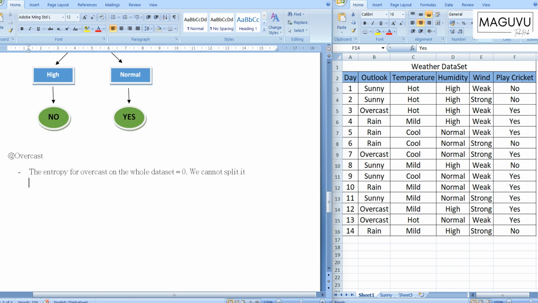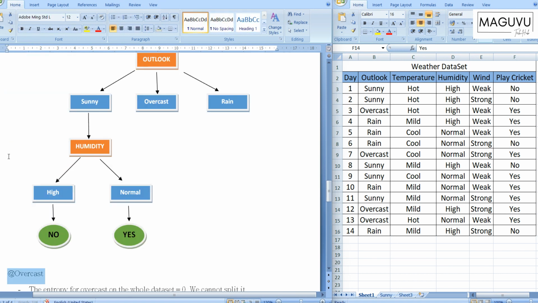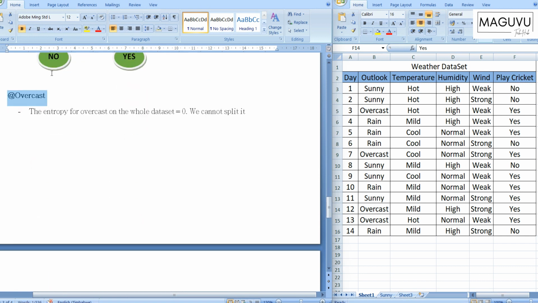So after considering that, we then want to represent that. Let's just give another piece of information: on all days where Outlook is overcast, cricket was played, right?